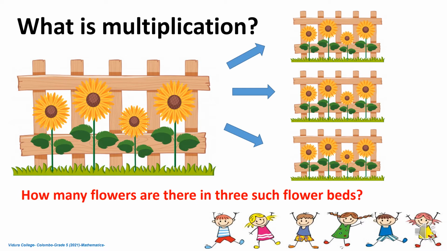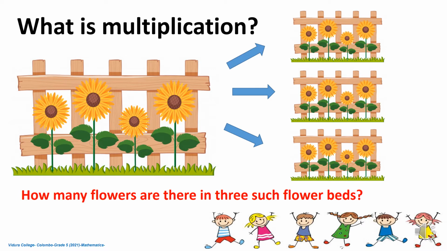See here, I have given you a flower bed where 4 sunflowers bloomed. When you have 3 such flower beds, how many flowers are there altogether? Yes, in one flower bed, you got 4 flowers. So, in such 3 flower beds, how to find it?